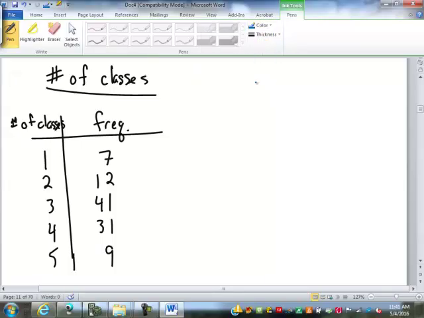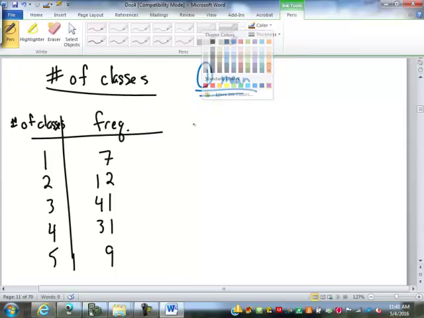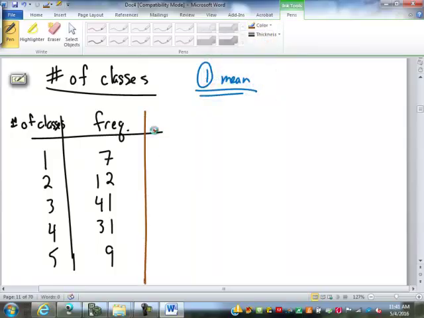So what we want to do now is find, first, the mean. The mean is going to require us to add a column to this table. And that column is going to be the number times the frequency.